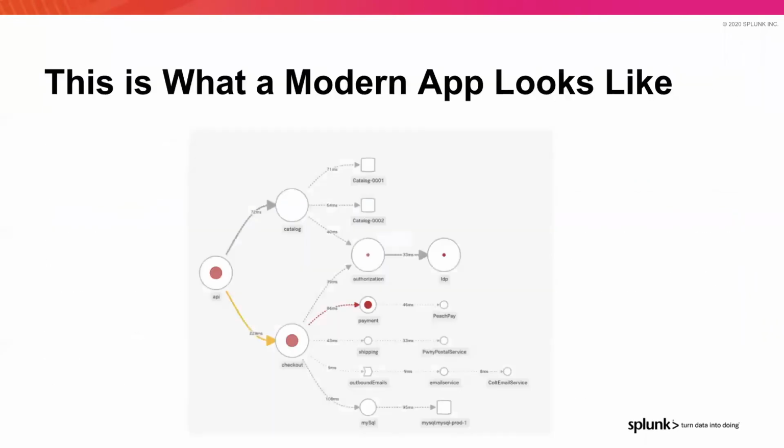Let's see an example of a modern application. Here in this chart, we can see an application composed of multiple microservices that work together to provide the app's functionality. Each service has a blast radius and can impact the entire application.